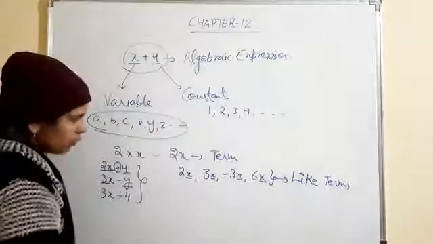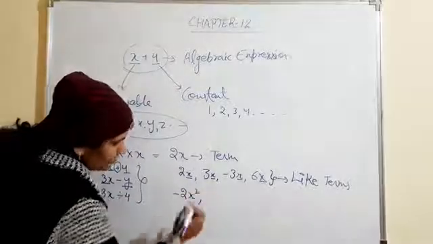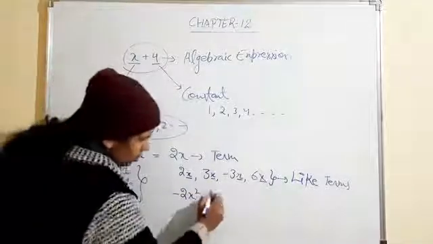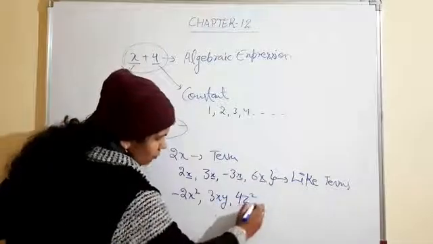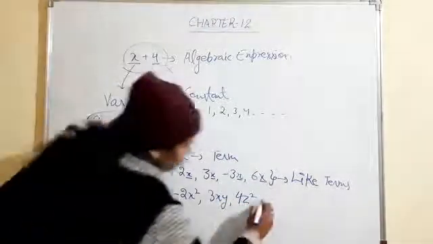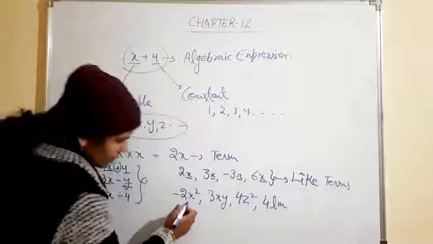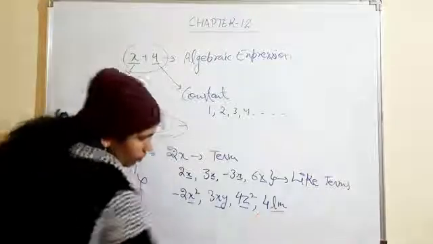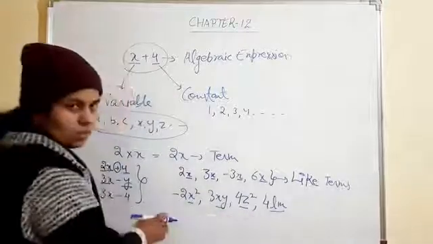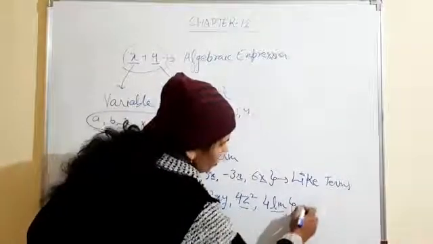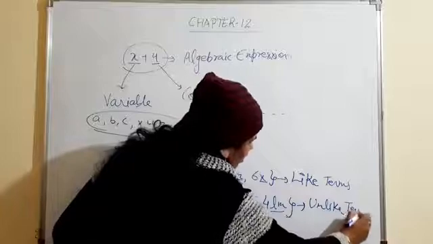Now write some more examples. For example, minus 2x square. Then write one more, 3xy, 4z square and 4ln. Here you are seeing the variable is not the same, and not even the same number of times. So these 4 terms show unlike terms.